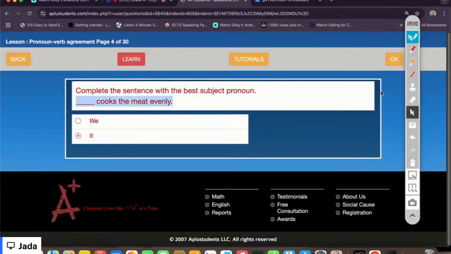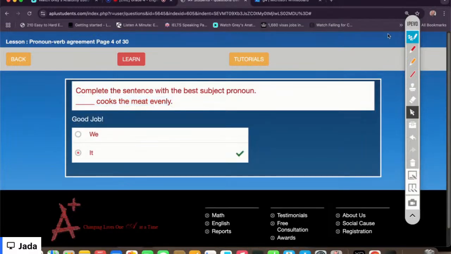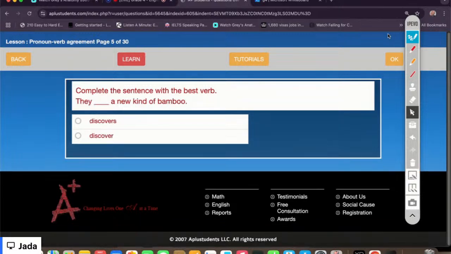Okay, so it cooks the meat evenly. It. The dash a new kind of bamboo.